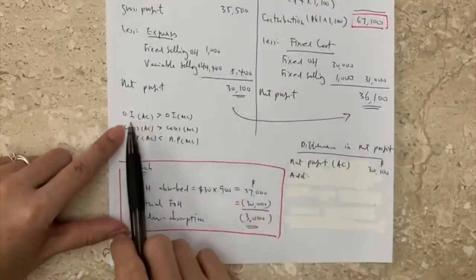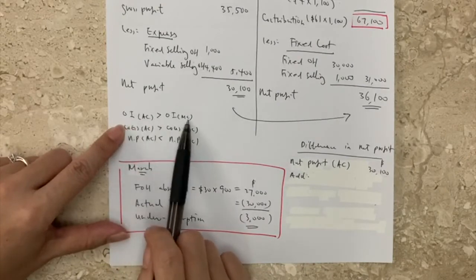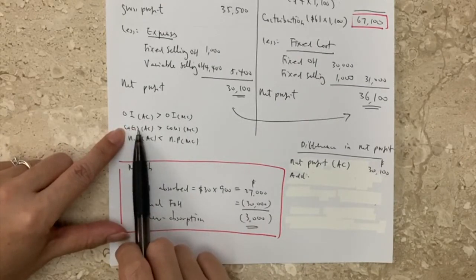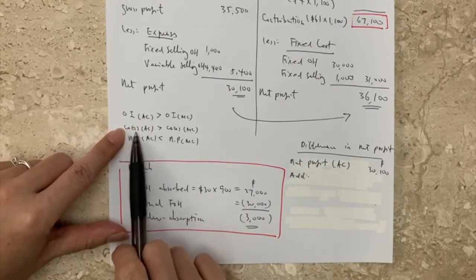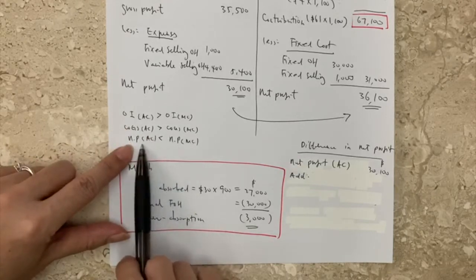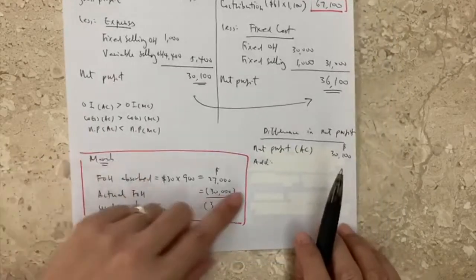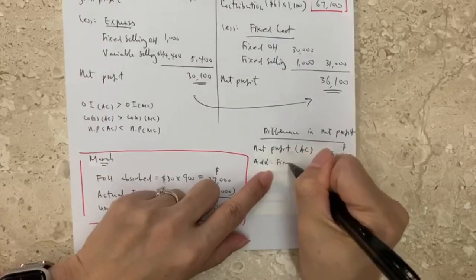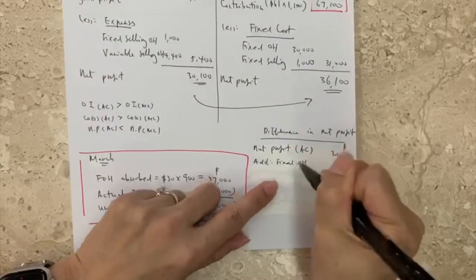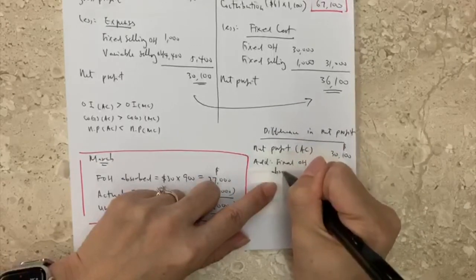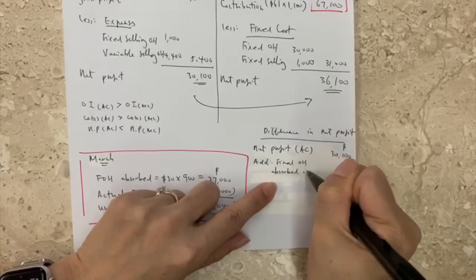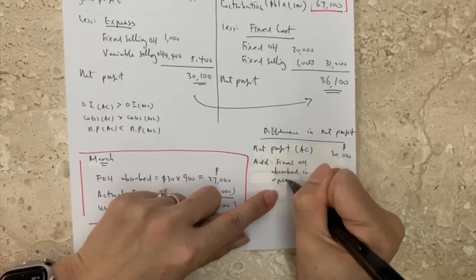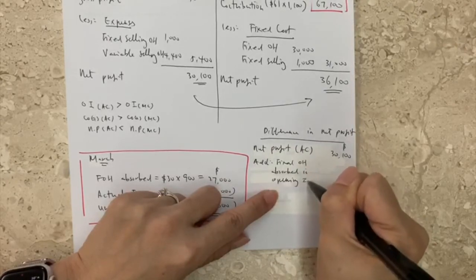So if we have bigger opening inventory, then cost of goods sold will be bigger under AC. So with bigger cost of goods sold, net profit will be smaller. Therefore I need to add fixed overhead absorbed in opening inventory.